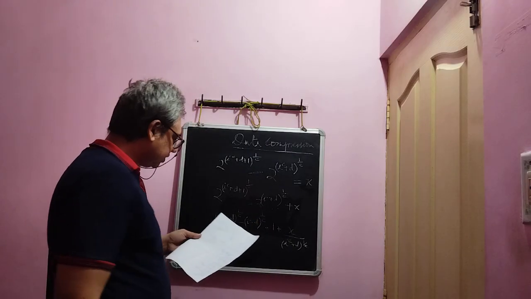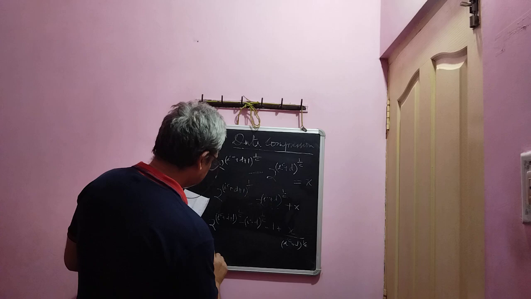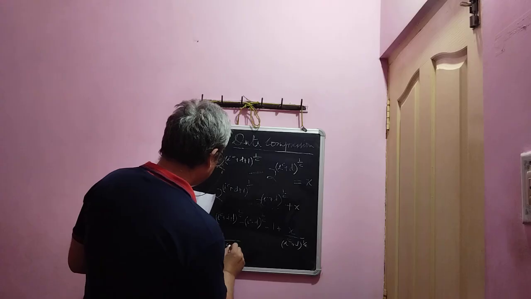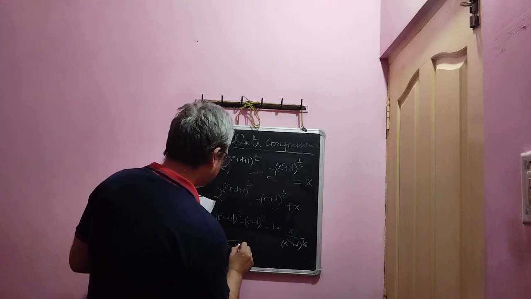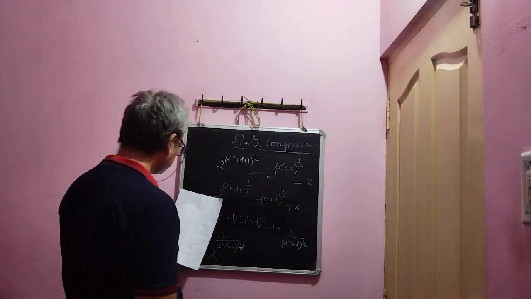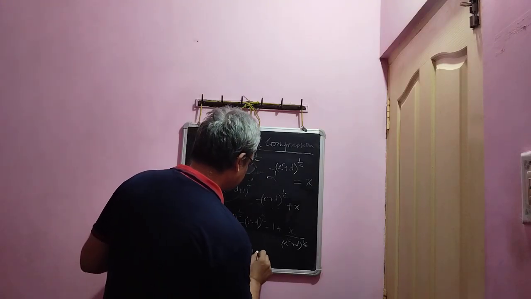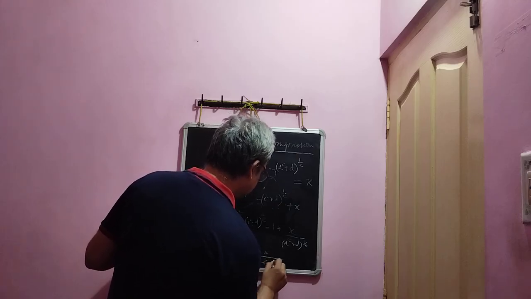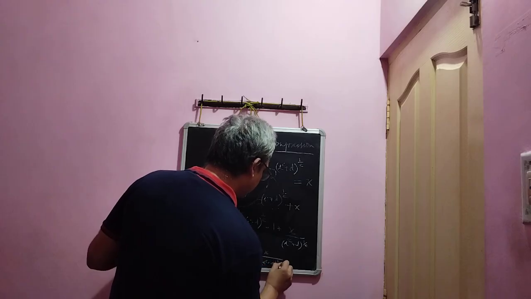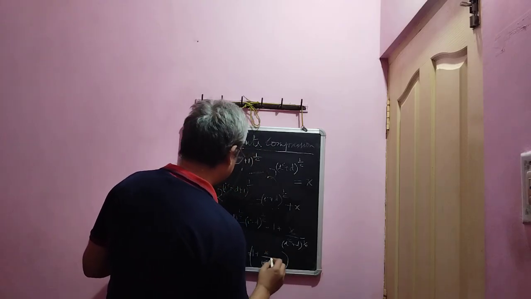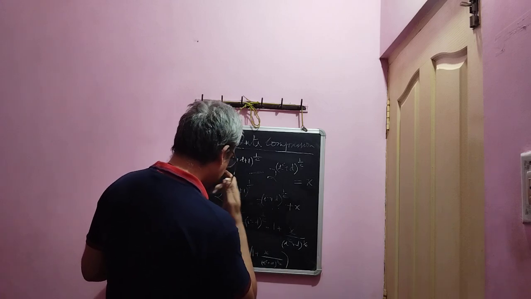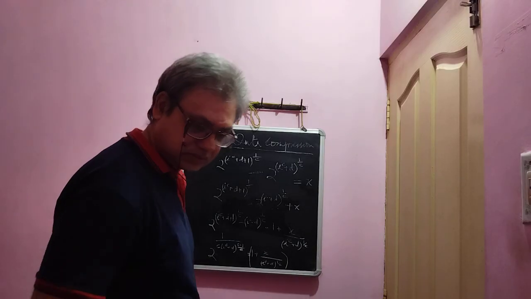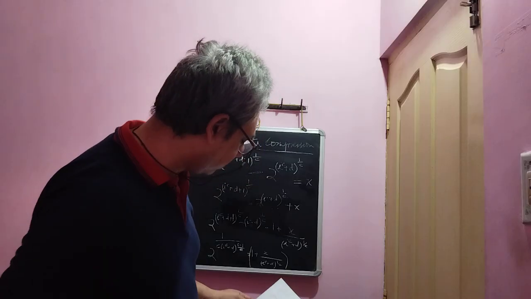I'll just expand up to one term, which is sufficient here. You will get 2 power 1 by c times (i power c plus d) whole power (c minus 1) by c is equal to 1 plus x by (i power c plus d) whole power 1 by c. So we can continue again like this.